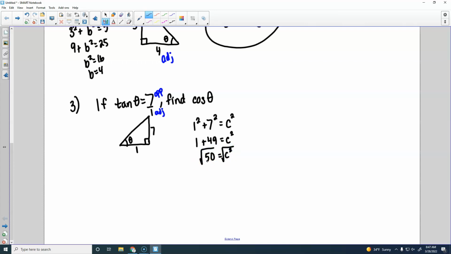I want exact answers on these, not decimal answers, so we need to break that down. That'll break down into 25 times 2, so that would be 5 square root of 2 for our c. So that's telling me this side right here is 5 square root of 2.